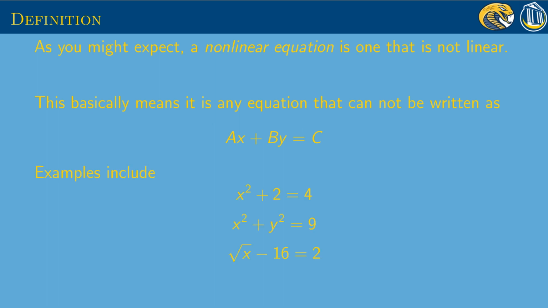That means anything that includes other powers, like a quadratic equation, or this is the equation for a circle, definitely not a straight line, not a linear equation. Things that have square roots or logarithms. A square root is the same thing as an x to the 1/2, so that's definitely not linear either. All of these are nonlinear equations, but that doesn't mean we can't solve them still.